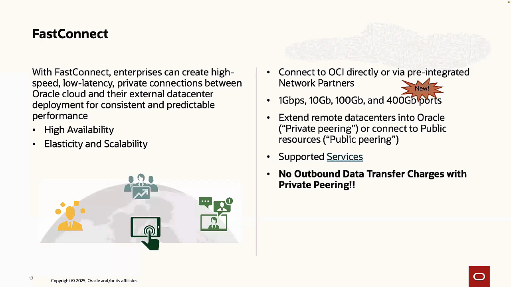So the benefits of FastConnect are consistent connection for critical applications, lower cost than other hyperscaler clouds, and multiple connection options. So we have speeds starting from 1 Gbps to 10 Gbps, 100 Gbps, and newly we have launched 400 Gbps ports, which we can support with FastConnect.